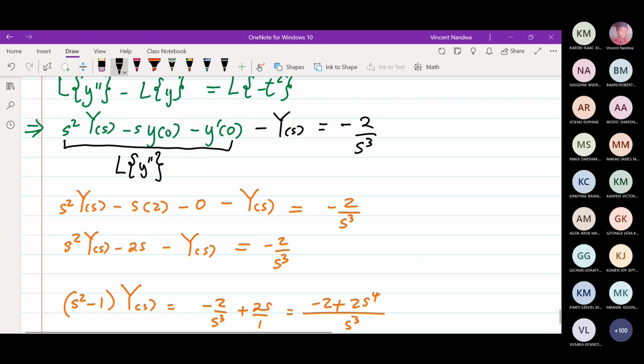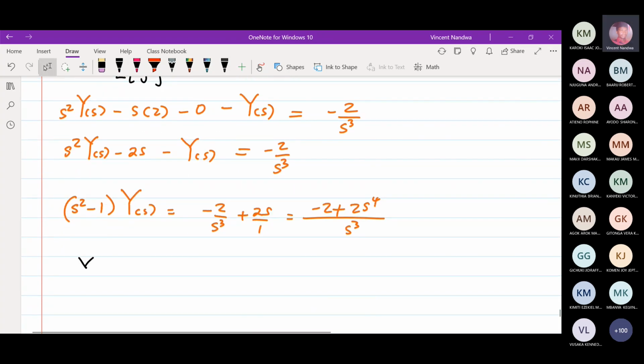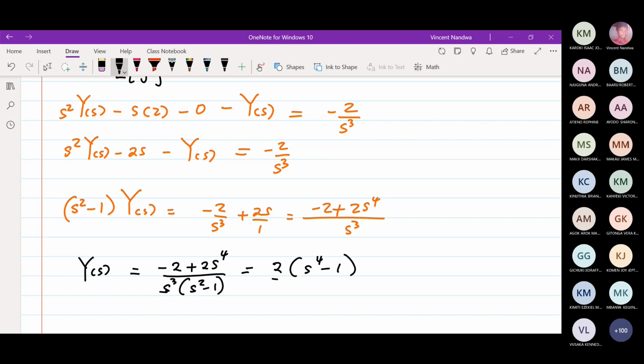That means we'll have capital Y of s equal to minus 2 plus 2s to the power 4, over s cubed times (s squared minus 1). This is the same as 2 times (s to the power 4 minus 1) over s cubed times (s squared minus 1).